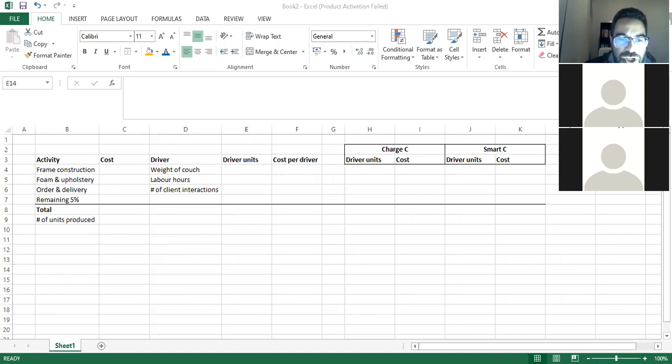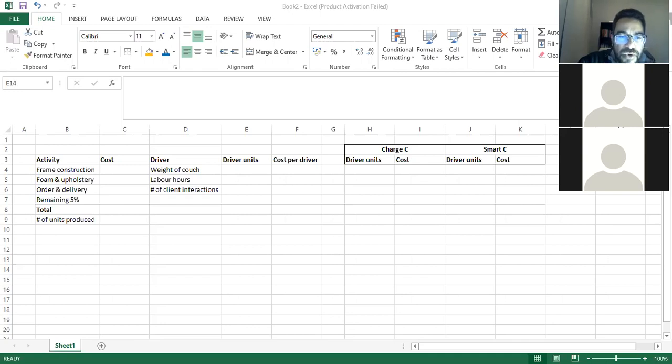Historically, the production process required 4 hours of labor and 8 hours for Smart C, at 750 Rand per hour. Then they say fixed overheads are budgeted to increase by 8% for the 2020 financial year.